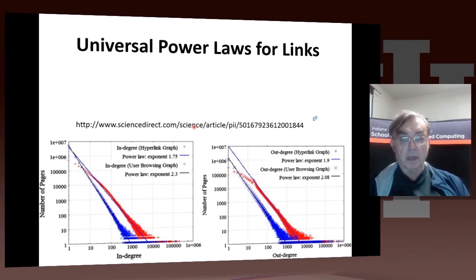If you look at many things in life, there's a pile of, so here's the number of pages versus the number of links into the page. And here is number of pages, number of output links, and you can see they fall off exponentially with an exponent which is around 2.